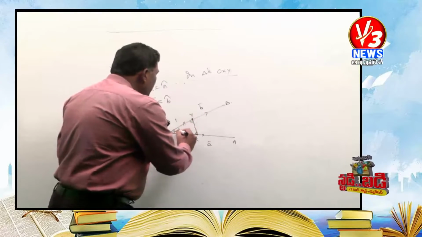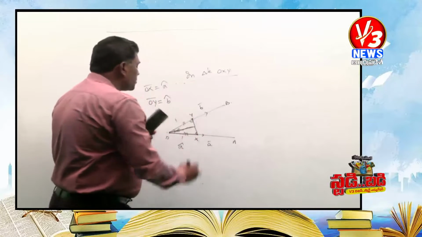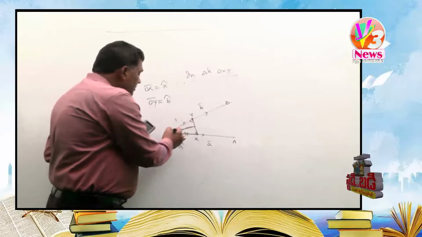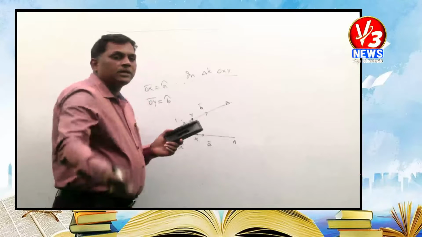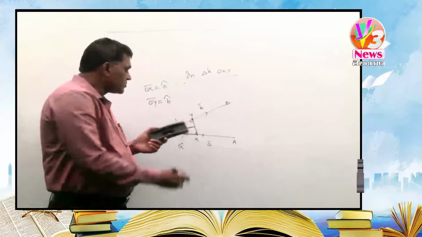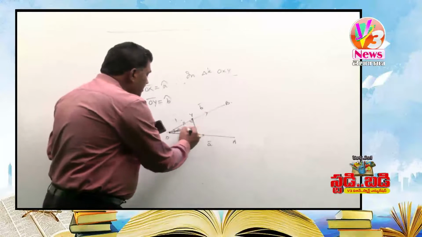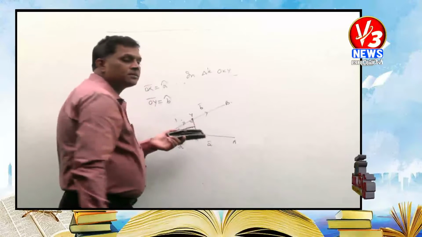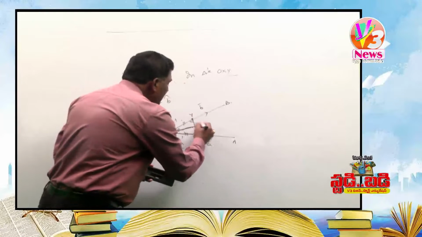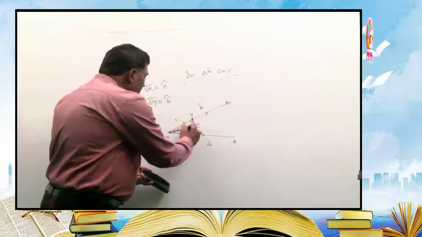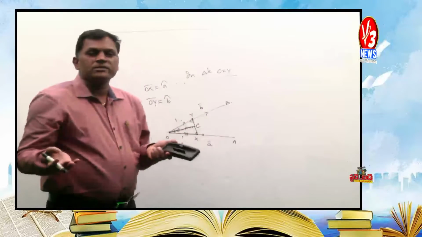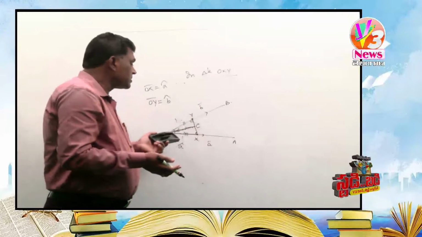And if you draw the median through vertex O, because it is an isosceles triangle, this median also acts as angular bisector, even altitude, everything will be the same for this particular one. If you take this median intersecting XY at C, then OC bar acts as median, angular bisector, even altitude, everything here, because it is an isosceles triangle.